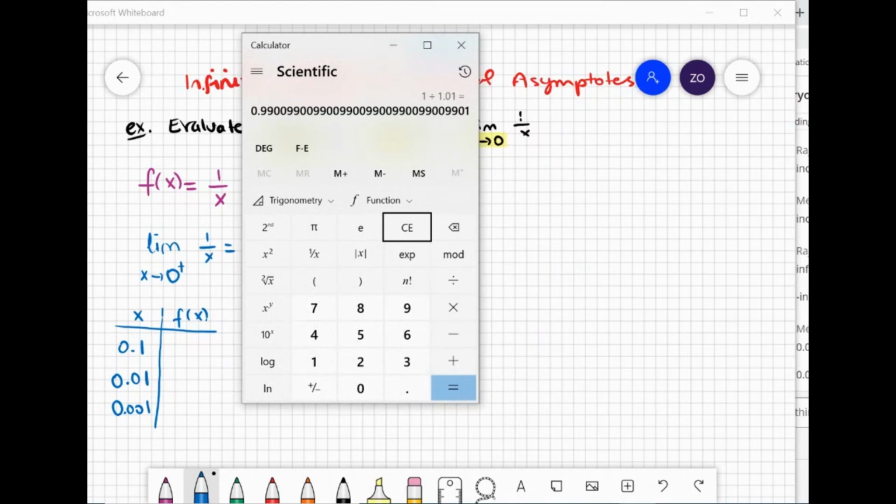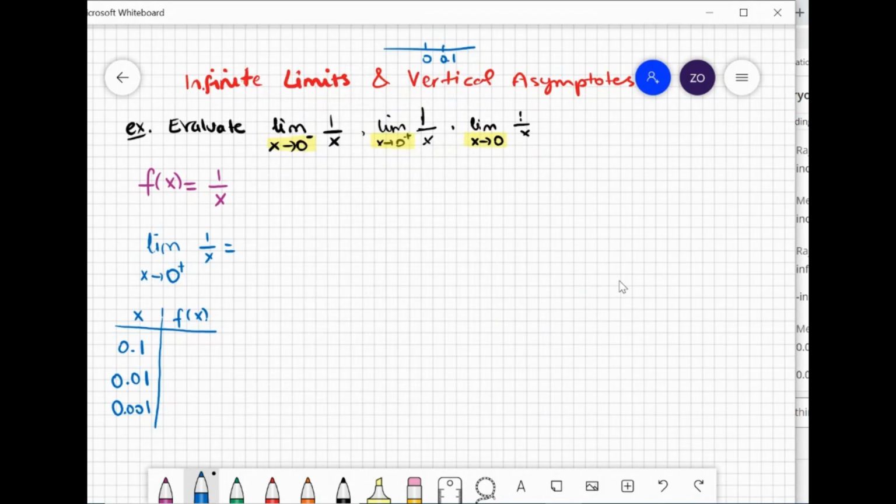Now, what was our function? It was simply 1 over x. So f of 0.1 will be 1 over 0.1, which is 10. And if you plug in 0.01, what should you find? 100.